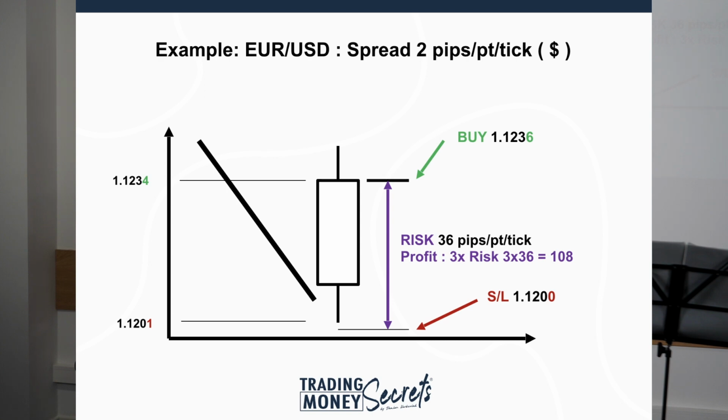1236. Your stop loss should be set 1 pip below your low. So when your low was at the level of 1201, 1 minus 1 is 0, so your stop loss is set at the level of 1.1200. And the distance between your buy and your stop loss is your risk. 36 is your risk, so your take profit is 3 times bigger. So 3 times 36 equals 108 pips.